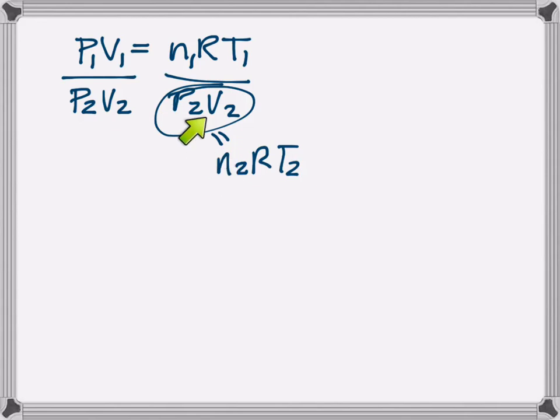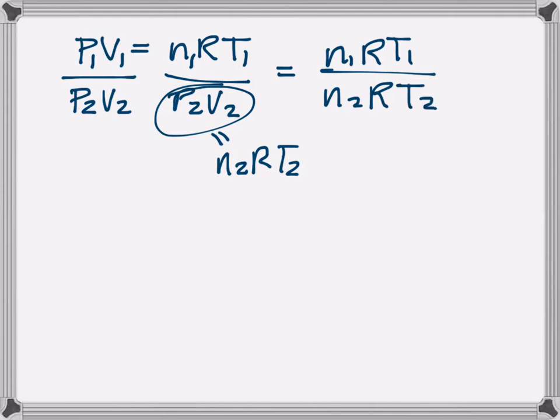This is the ideal gas law with different subscripts. And the subscripts are just talking about different conditions. If you change the pressure, the volume, the number of moles, etc. So that's equal to n1RT1 over n2RT2.